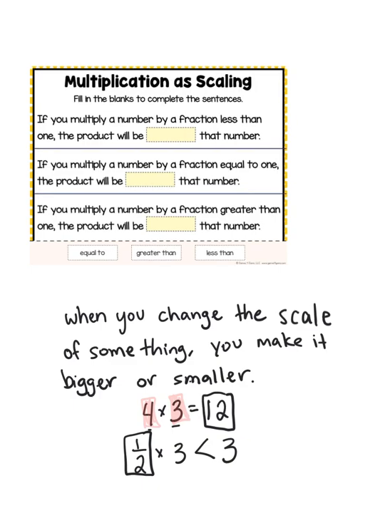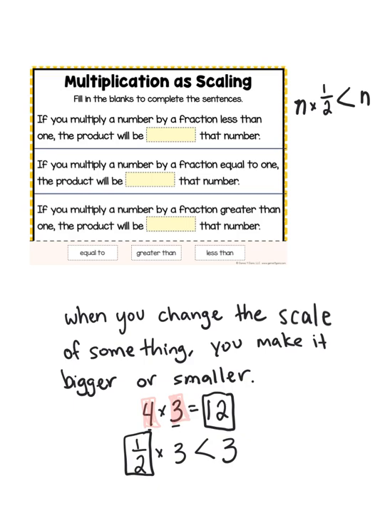If you multiply a number, we'll just name that number N for number, by a fraction that's less than 1, so I could just call that like 1/2, 1/3, 1/4, any fraction that's less than 1, the product or your answer is going to be less than the number that you started with.